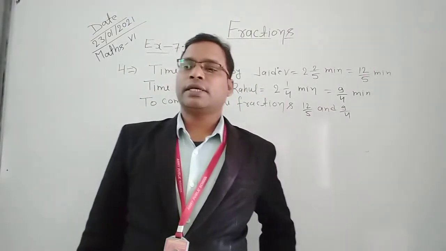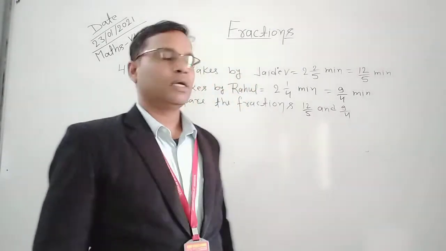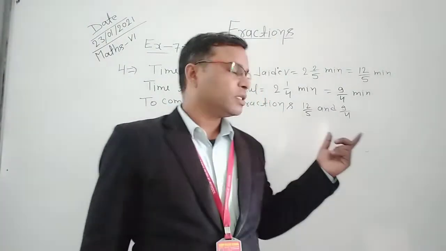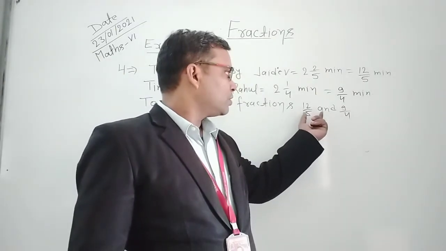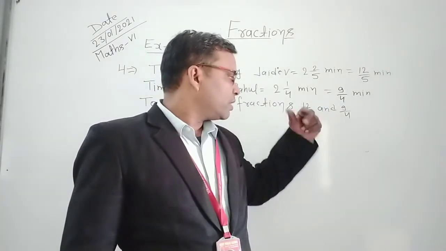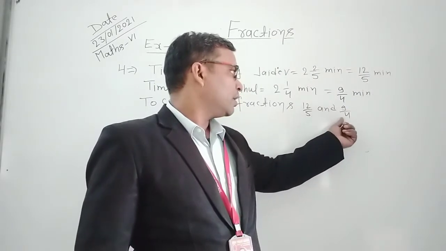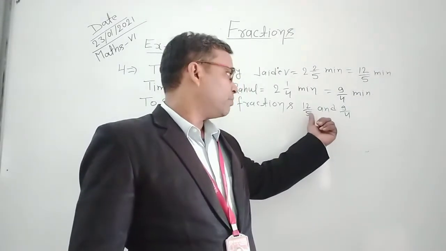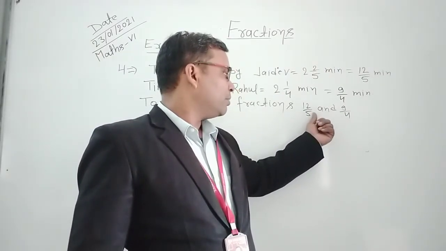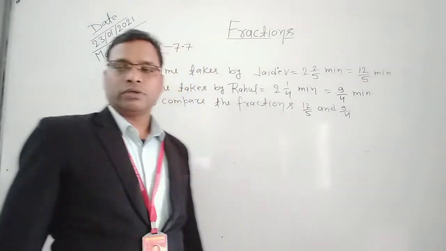So first we convert both fractions into equivalent like fractions, which have the same denominators. For this, we multiply by both denominators, here in this one 4 and in this one 5.